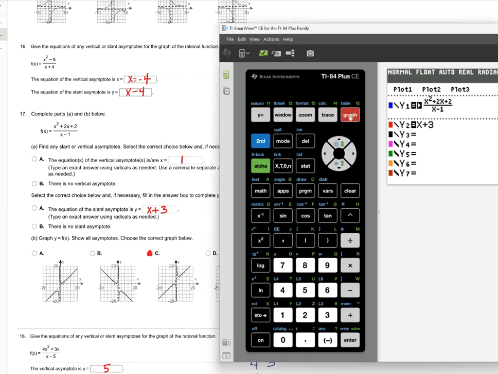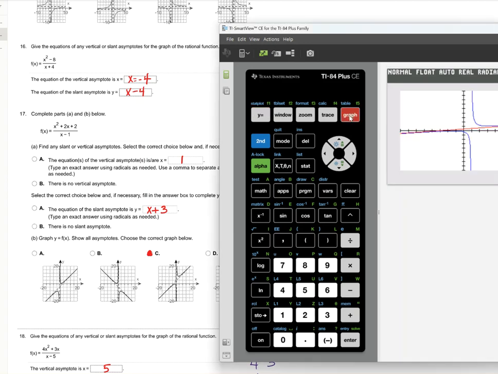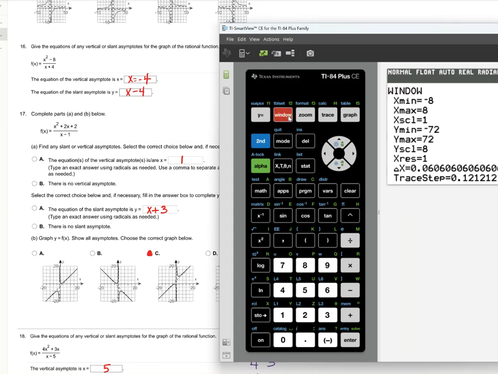When I hit graph, I don't know what the window was, and so to match it, let's go to the window, and these all look like 20s. So negative 20, 20, and a scale of, I don't know what the scale is.